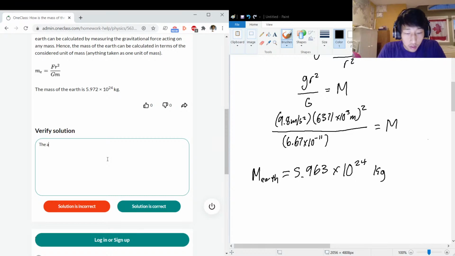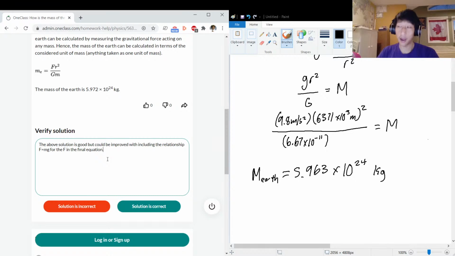So it's good, but could be improved by including the relationship F equals mg for the F in the final equation.